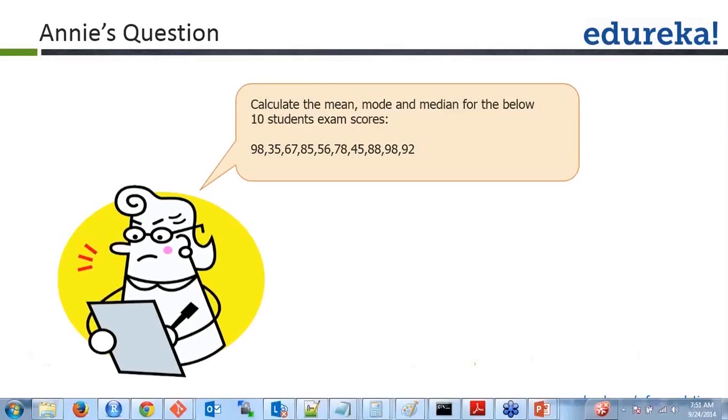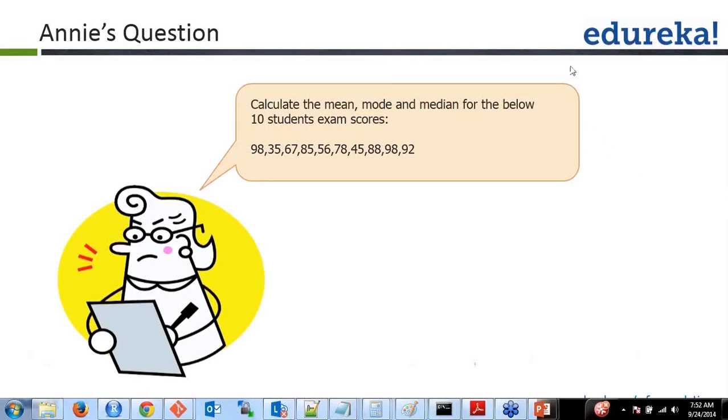For this problem, Annie is asking us to find the mean, mode and median for the below 10 student exam scores. Assume these are scores obtained by students in an exam. We are supposed to compute the mean, median and mode for all the students.